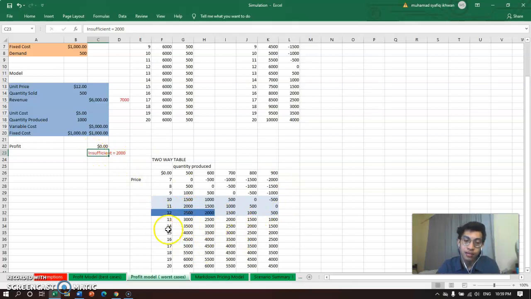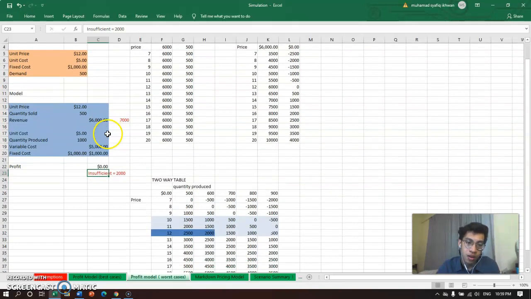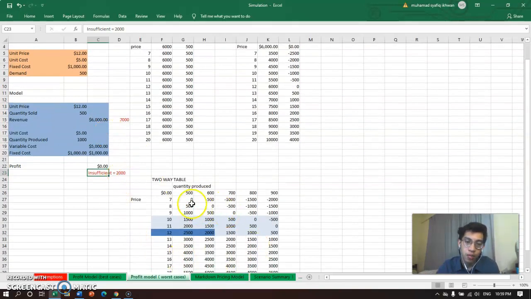So after calculating it, I am assuming that I will choose 12 ringgit, still selling my product at 12 ringgit during worst cases, but I will reduce my production volume to 500 or 600 units per month to help me gain revenue 2,000 or 2,500 and above.